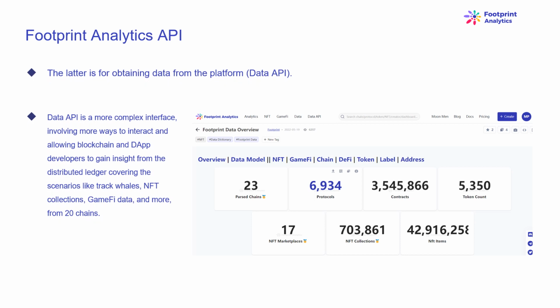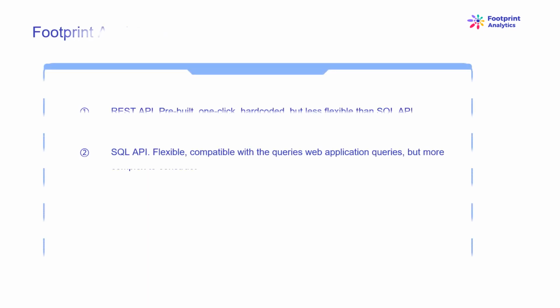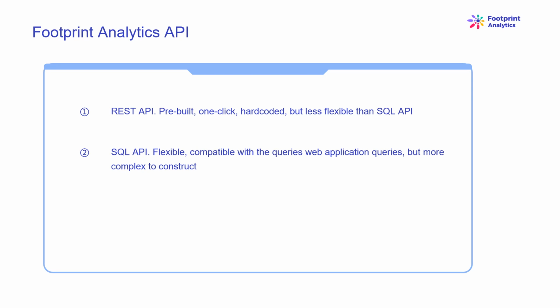Data API is a more complex interface, involving more ways to interact and allowing blockchain and dApp developers to gain insight from the distributed ledger, covering scenarios like tracking whales, NFT collections, GameFi data, and more, from 20 chains. We have developed two types of API and two subtypes within one of them in order to cover most of the cases.